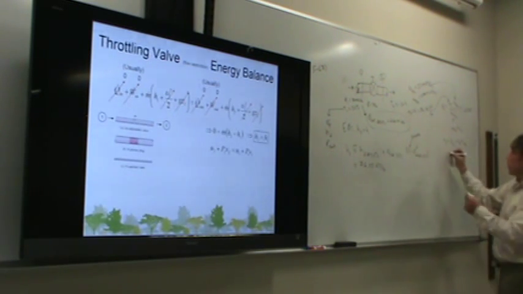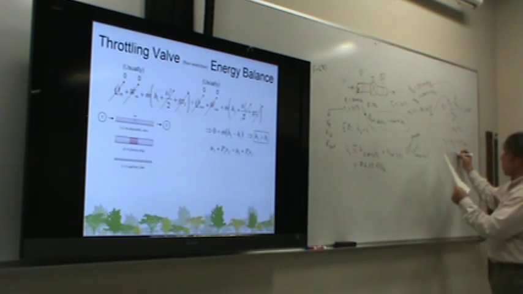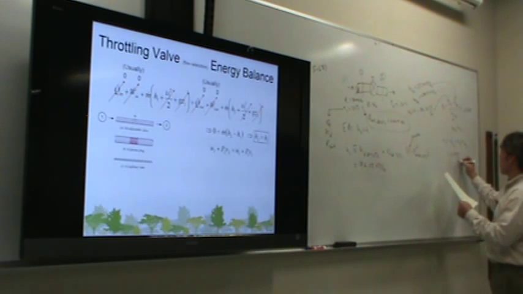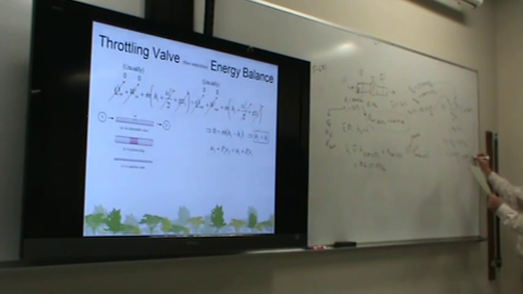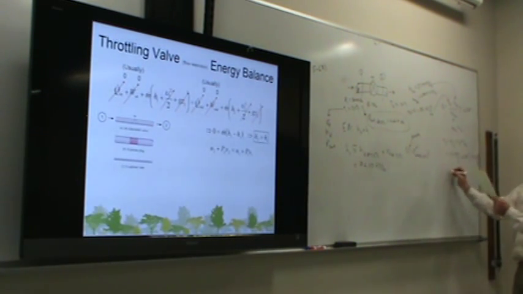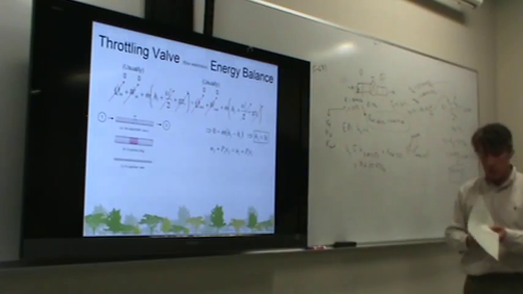When you do that, it's 25.39 kilojoules per kilogram plus 0.2867 for the quality, multiplied by 193.45 kilojoules per kilogram. I'm out of space and out of time. That comes out to about 80.85 kilojoules per kilogram, which is what they asked for. There's the internal energy in the exit stream.